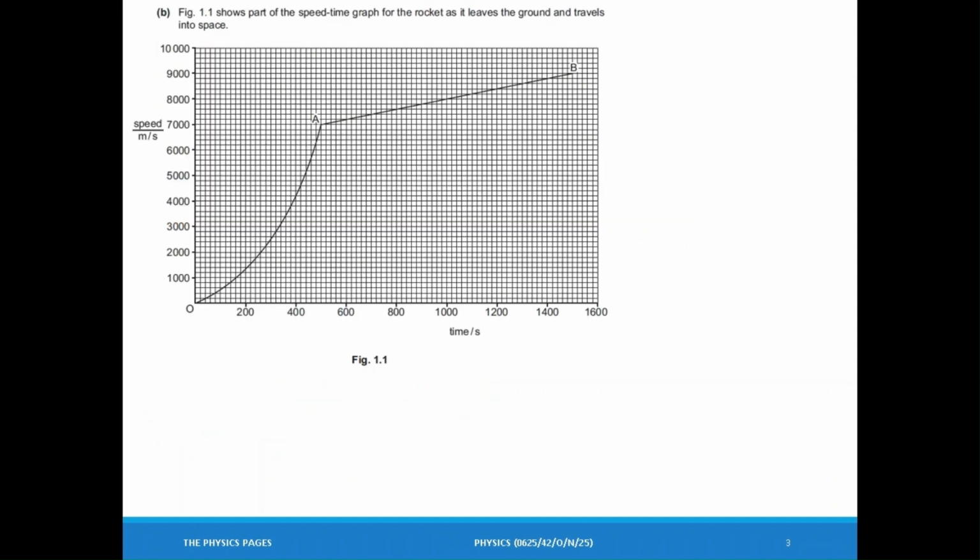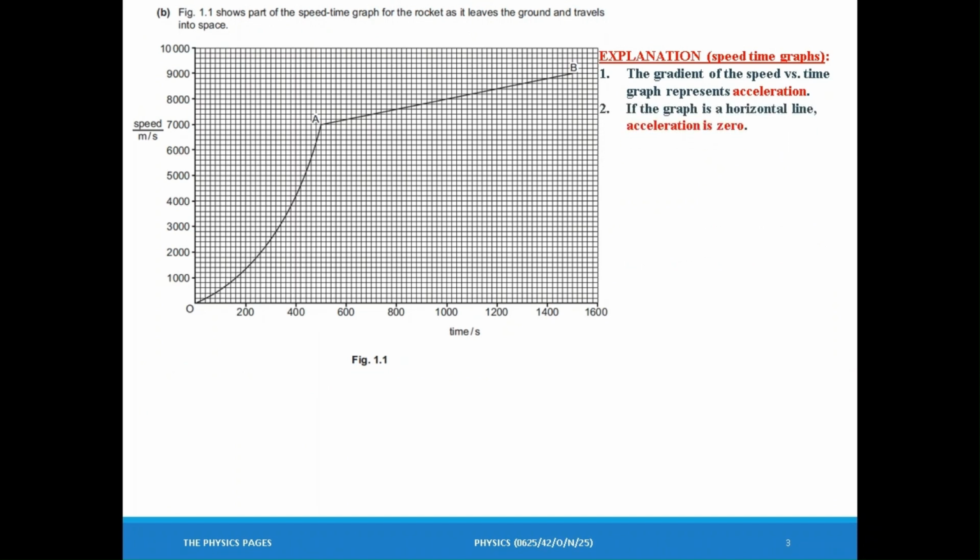Here is a graph given. Figure 1.1 shows a part of the speed time graph for the rocket as it leaves the ground and travels into space. There are two parts of the graph, OA and OB. This is a speed time graph, so first of all, we need to understand a few important points. First, the gradient of the speed time graph gives us acceleration.